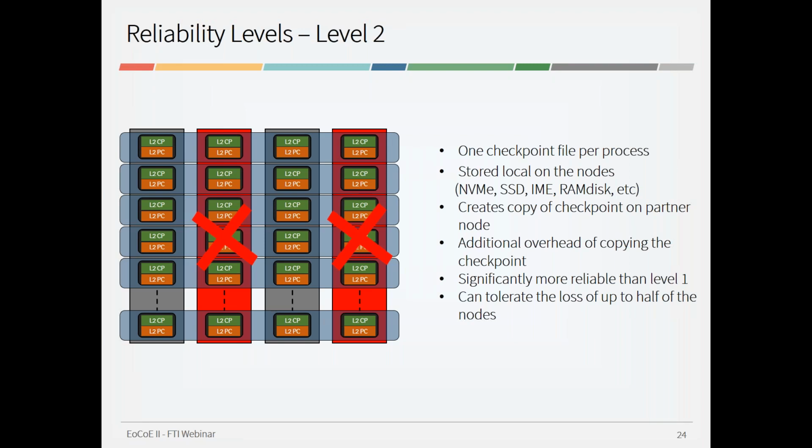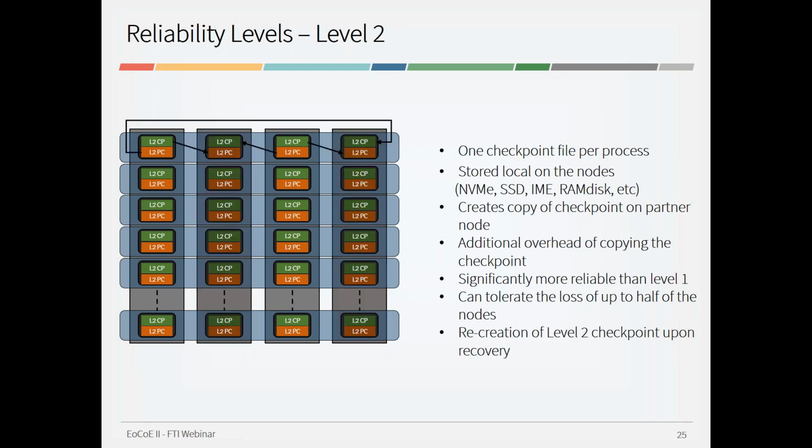So it's significantly more reliable than level 1. And on a failure, we can simply recreate the whole checkpoint by loading either the checkpoint data from the partner node or recreating the redundant copy to the partner node. So that is level 2.